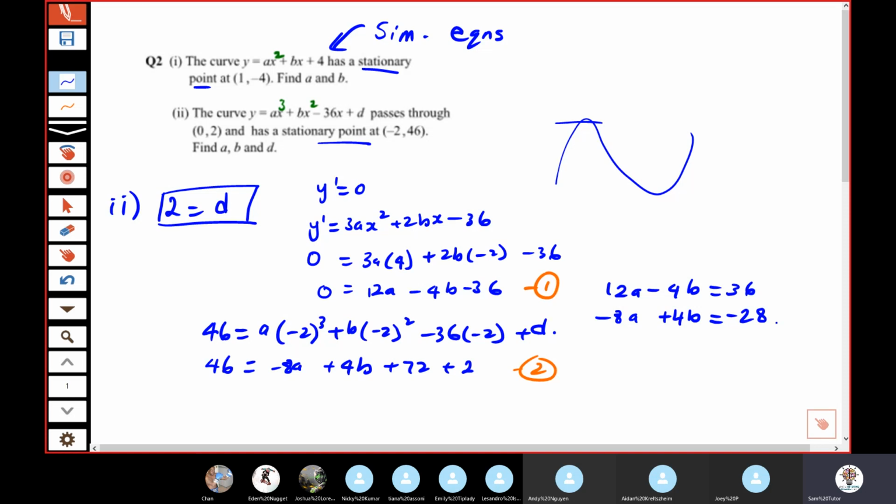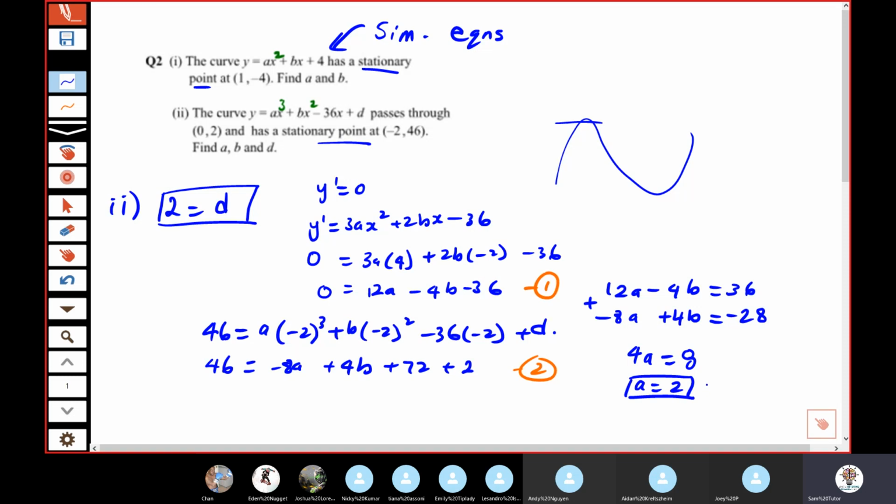What did you get, Eden? A equals 2. 12, 8 is 4a. 36 take away 28 is 12. No, it's 8. Sorry, 8. Which means A equals 2. Good job. And have you found B yet? B is -3.